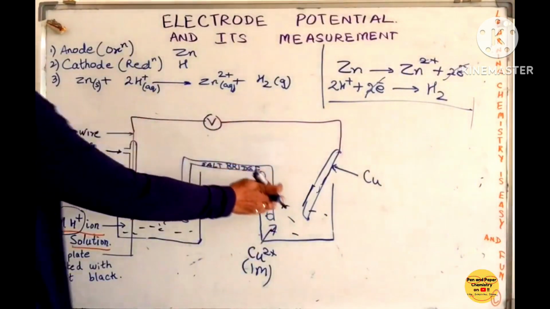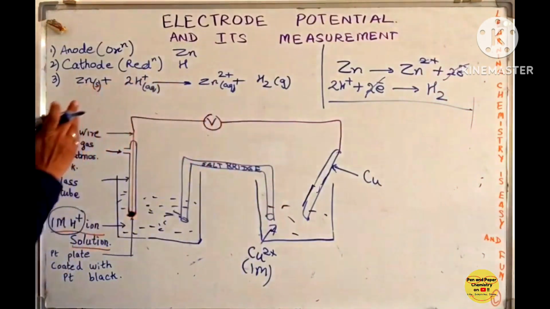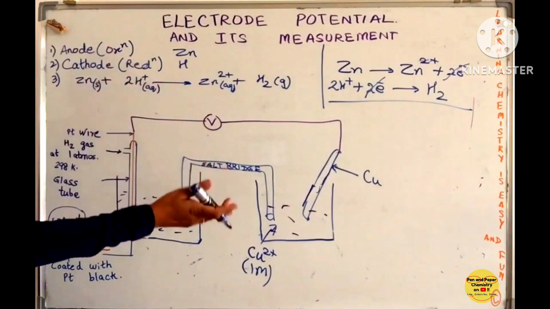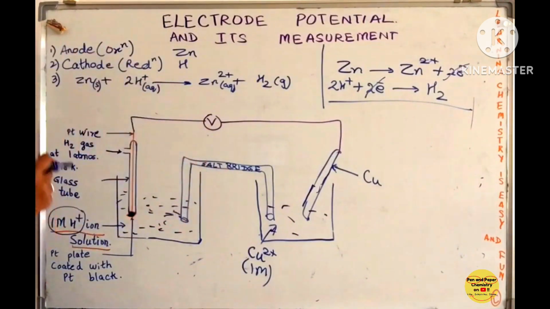So when it was zinc, the flow of electrons was from zinc to hydrogen, so the current was flowing from hydrogen to zinc. Now I am saying that the current is flowing in the opposite direction. So what is the direction of flow of current now?